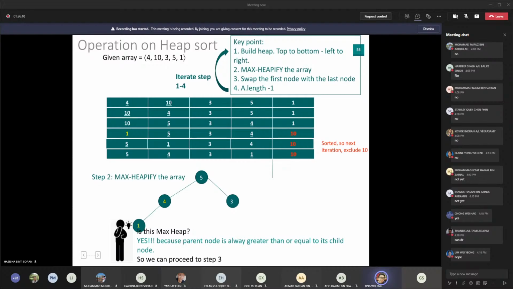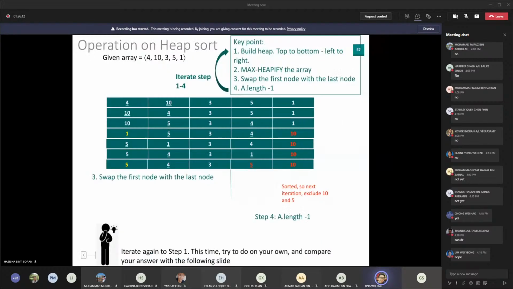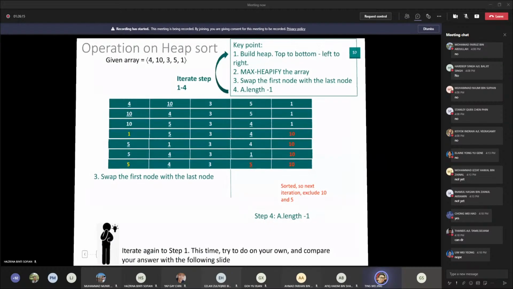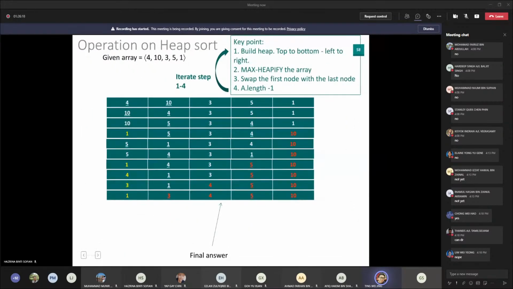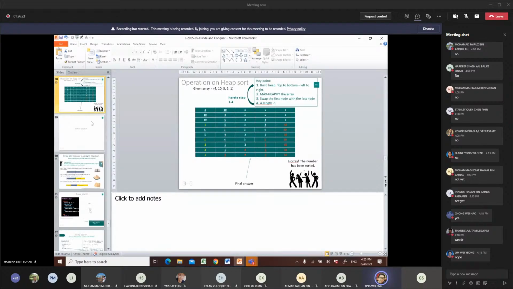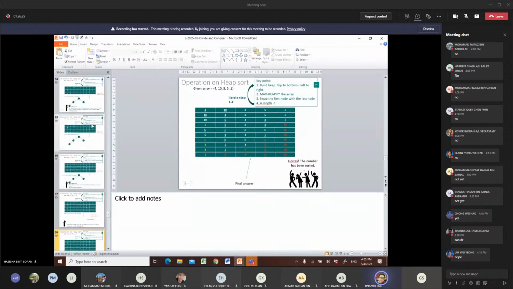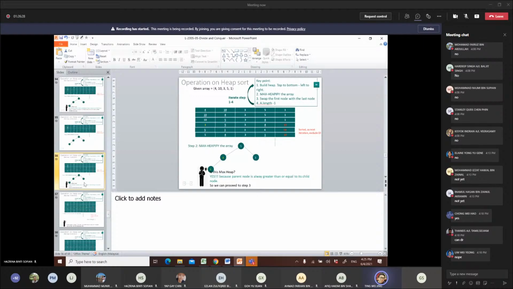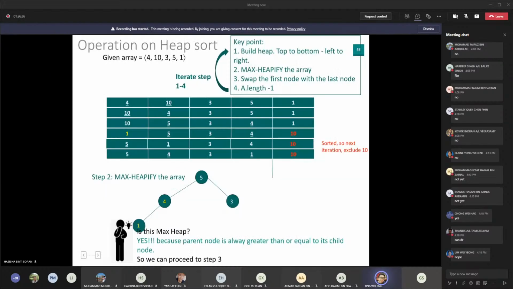All right, so then we get a max heap. So we continue to sort, which means we exclude the largest node, the parent node 5, then we swap it with the last element. This is the max heap.